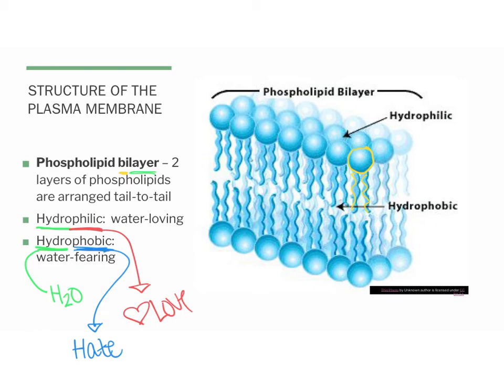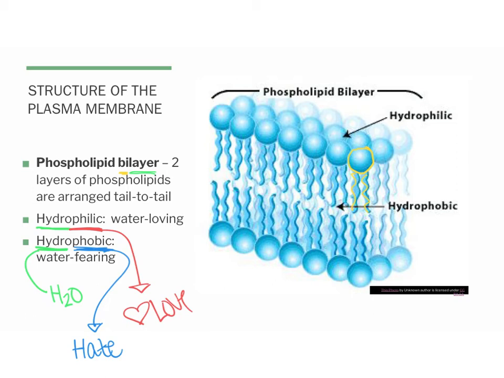What happens is you get a double layer here. The two sides that hate water are going to face each other and become internal. And the sides that love water are going to take the outside that touches the water molecules. So the side that loves water is going to be near water, and the side that hates water is going to naturally arrange so it doesn't have to be near the water.